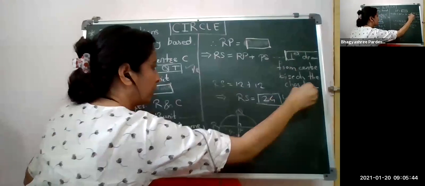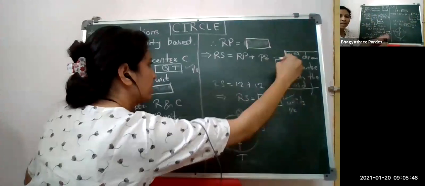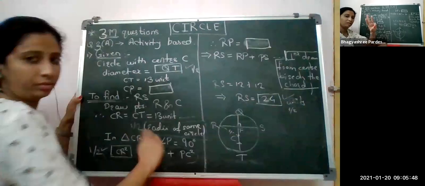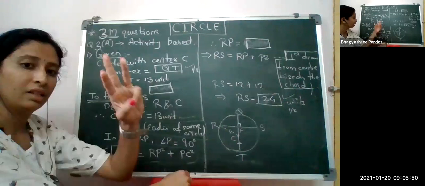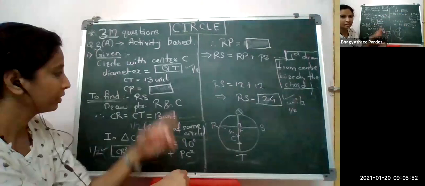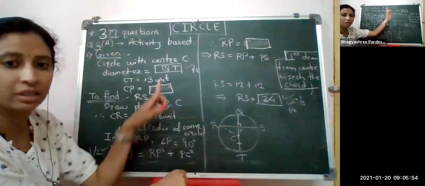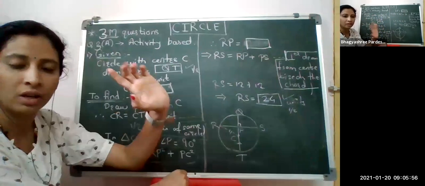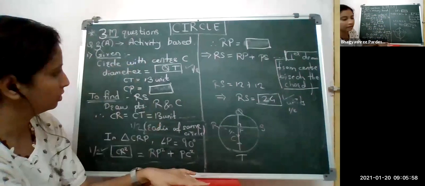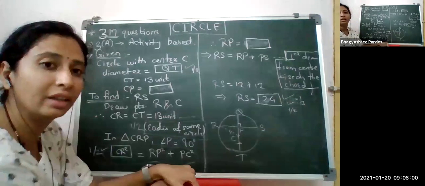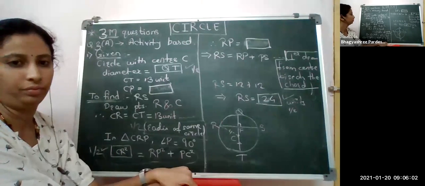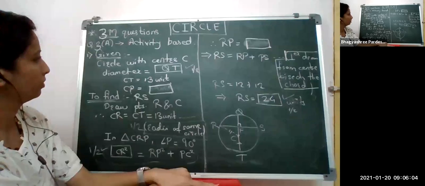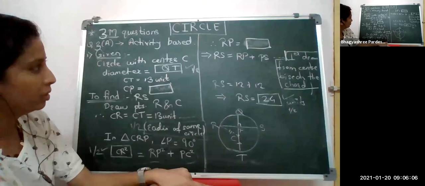I'm not going to write it again. Suppose this is another blank space. How many blank spaces have I created now? 3 more blank spaces. Now, if I fill these 3 more blank spaces, each carries half marks, I will get 3 marks here. So I will require one more.